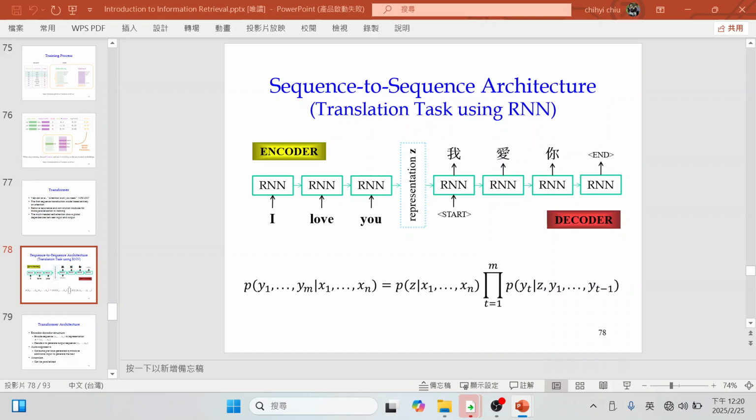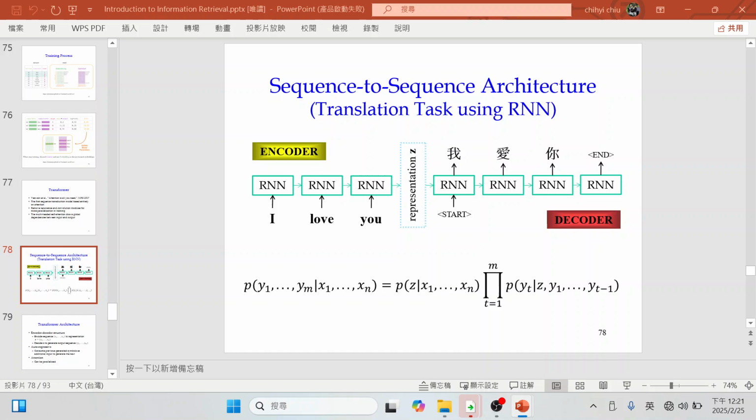Such a sequence-to-sequence architecture can be expressed with an equation. If you input the words x1 to xn, I hope to find the probability of generating y1 to yn.